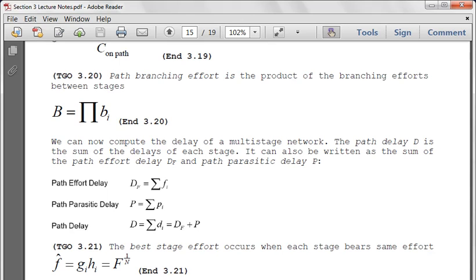So let's say our overall effort is 625, right? And we have 5 stages. What would our best stage effort be? I'm just kind of pulling up a random question. We've calculated our path effort delay as 625, and we have 5 stages.